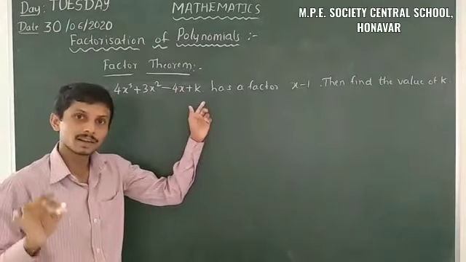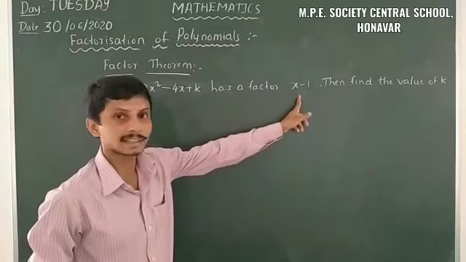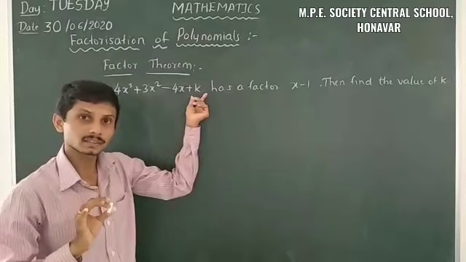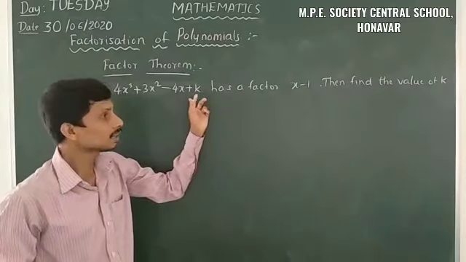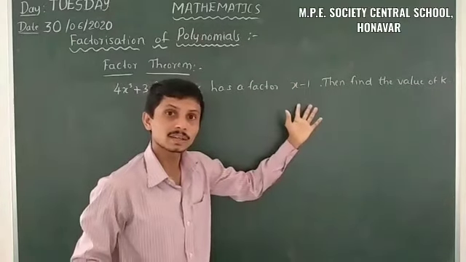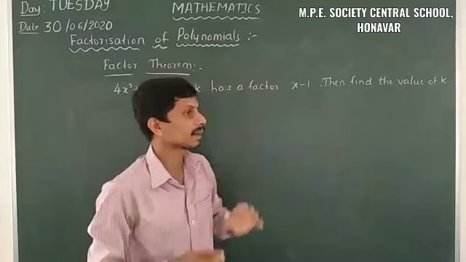So here we have an unknown value, that is k. So we have to find out the value of k using the factor theorem. They gave one of the factors as x minus 1.